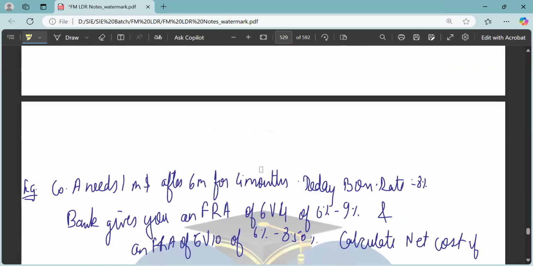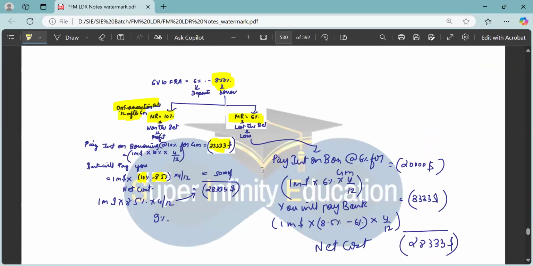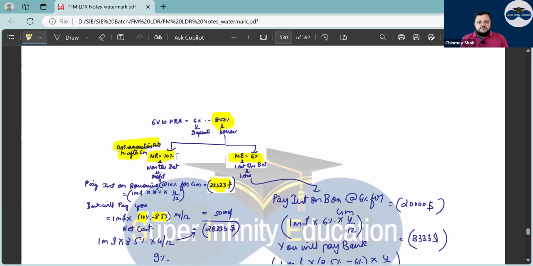Have a look at a question here. At 10% you have won the bet of borrowing, correct. Then what has been done? You have taken an 8.5% borrowing FRA. First tell me, 8.5% is your FRA rate. The market rate is 10%.